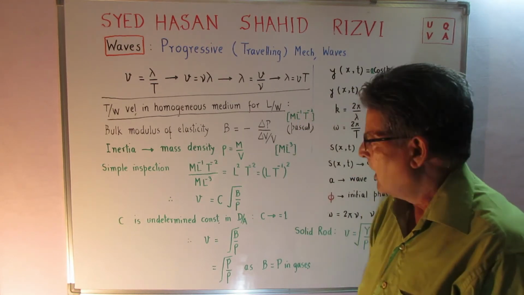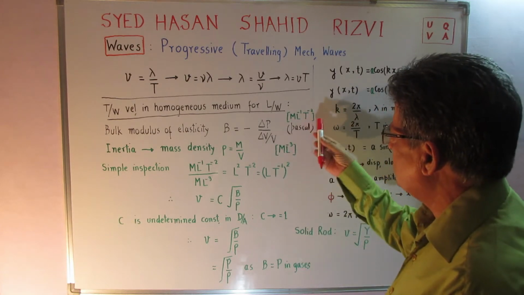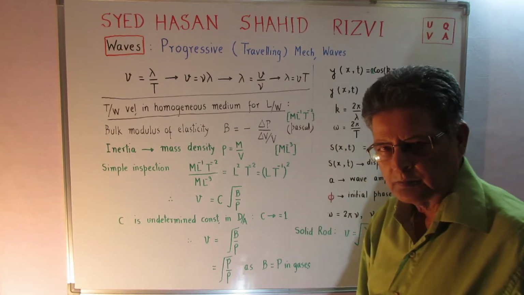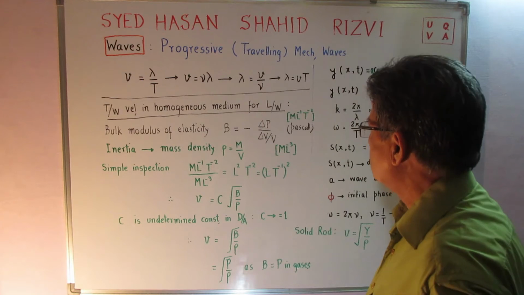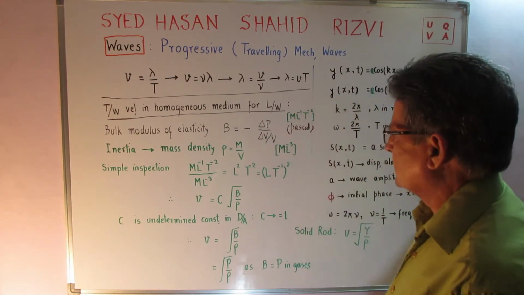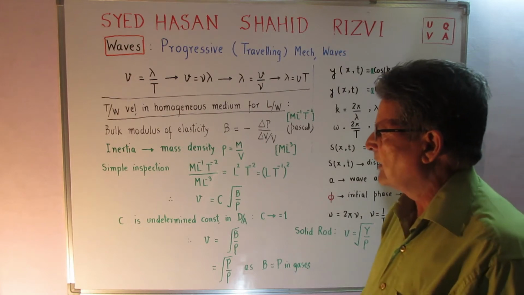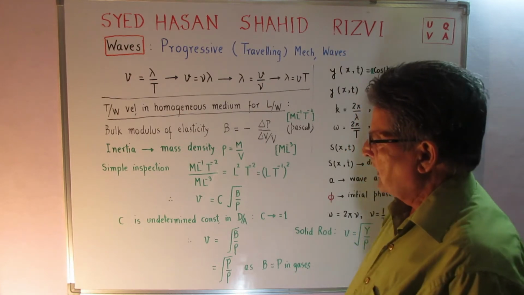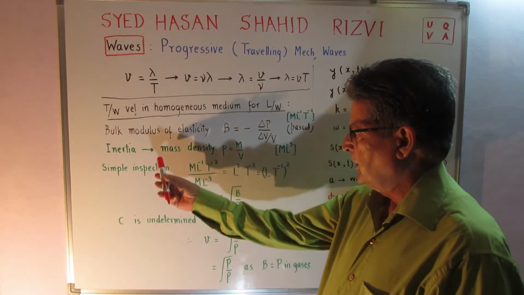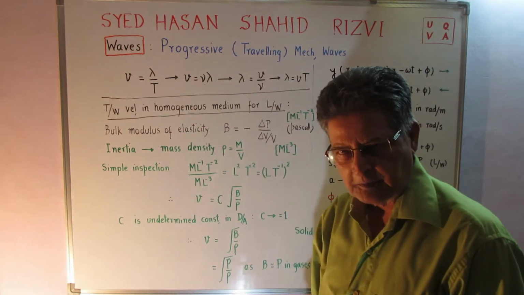Okay, how do I remember it? MLT^-2 divided by L square, okay, per unit area, and the unit is Pascal or Newton per meter square. The inertia part is represented by the mass density.